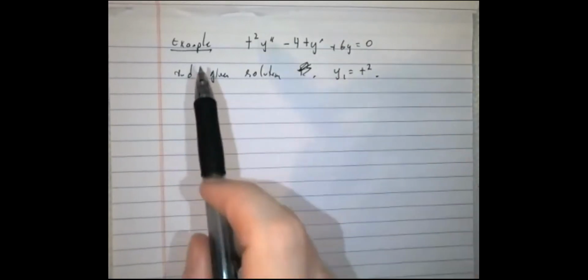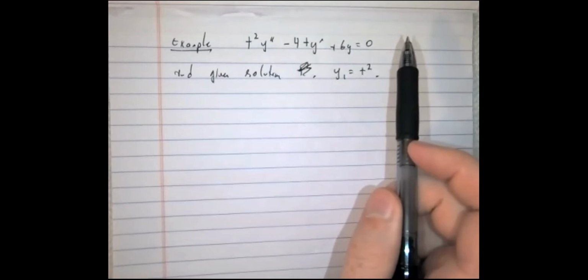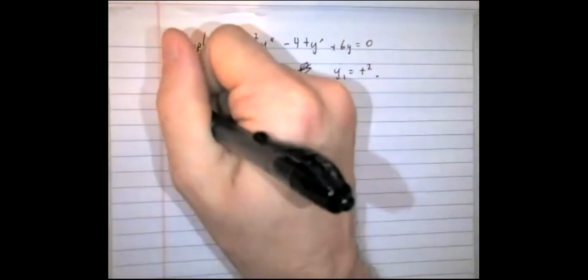Say that you're given the second order linear differential equation t squared y double prime minus 4t y prime plus 6y is equal to 0, and you're given the solution y1 is equal to t squared. So one can check that y1 being equal to t squared satisfies this differential equation. And so what we should do is we should find a second solution or find a family of solutions.